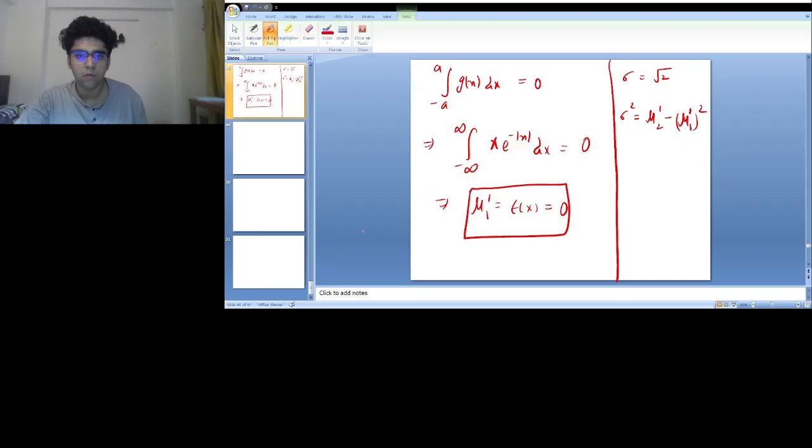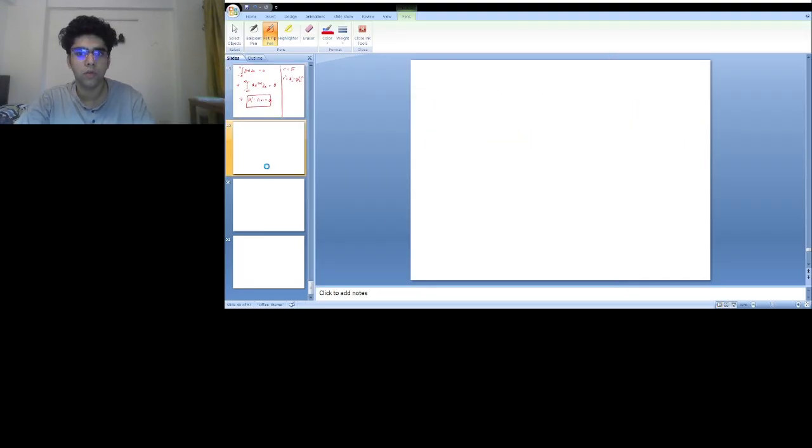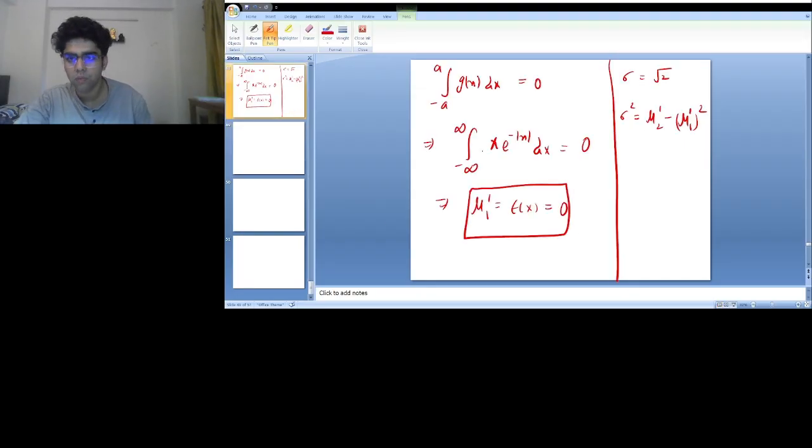So let me just show you something. My second moment with respect to the origin is E[x square], and this is equal to the integral of x square f(x) dx from minus infinity to infinity.